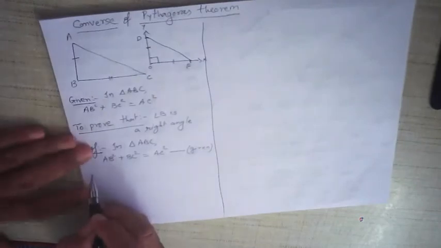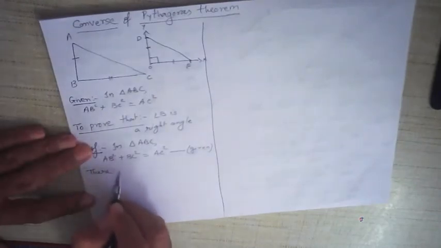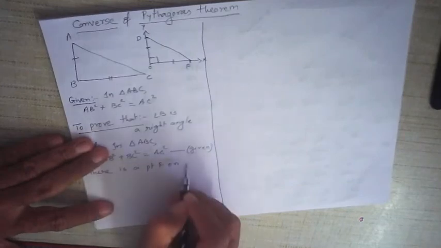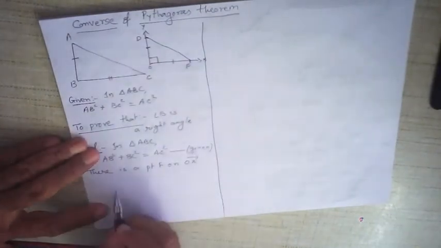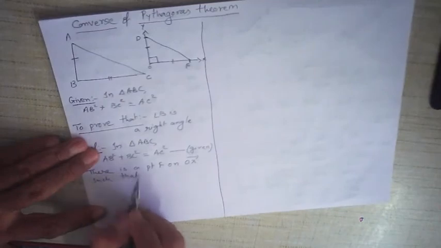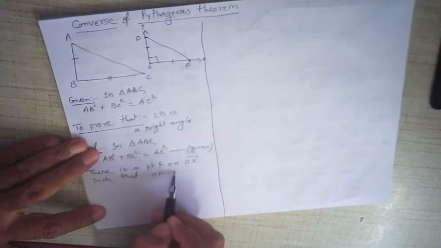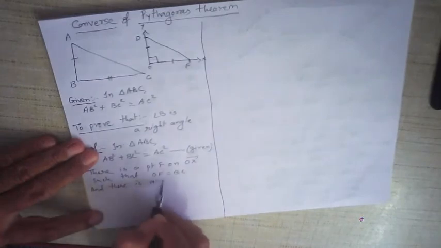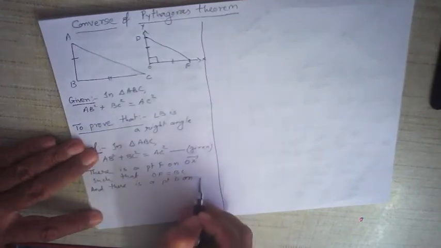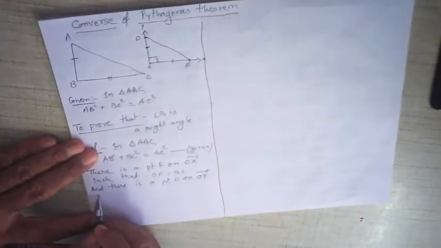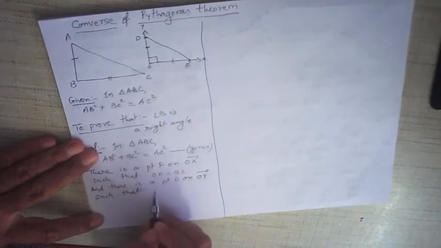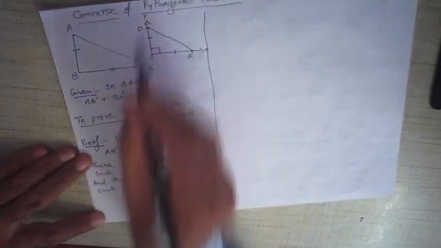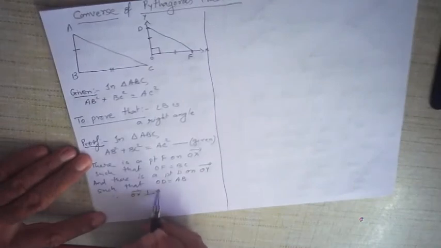First of all I'm going to write here: there is a point F on OX, that is this x-axis, such that OF is equal to BC, and there is a point D on OY such that OD is equal to AB, and also OX is perpendicular to OY.